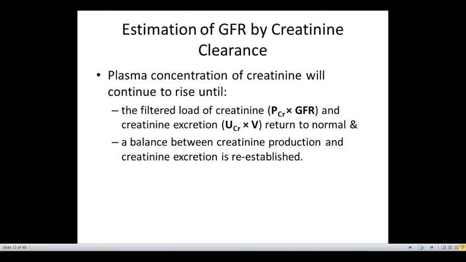Plasma concentration of creatinine will continue to rise until the filtered load of creatinine, P into GFR, and creatinine excretion, U into V, return to normal, and a balance between creatinine production and creatinine excretion is re-established.